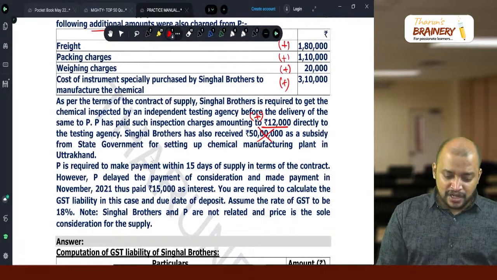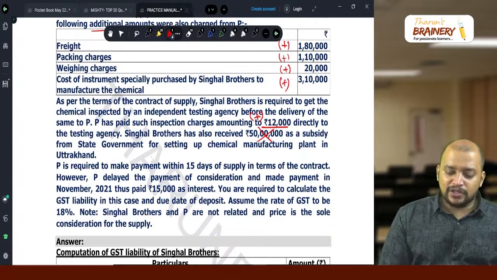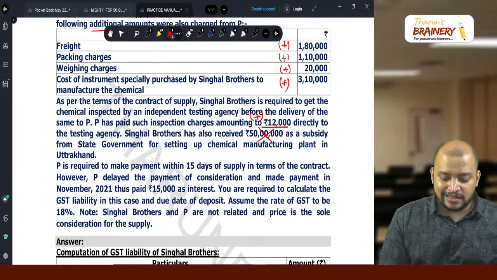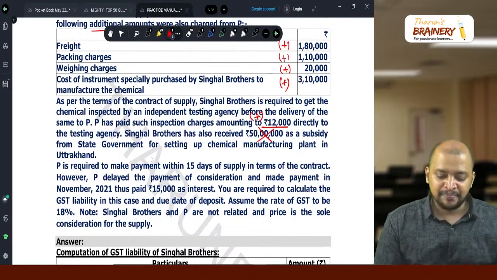Then P Limited is required to make payment within 15 days of supply in terms of the contract. However, P Limited delayed the payment of consideration and made payment in November 2021, and thus paid 15,000 as interest. You are required to calculate the GST liability in this case and the due date of deposit. Assume the rate of GST to be 18%.